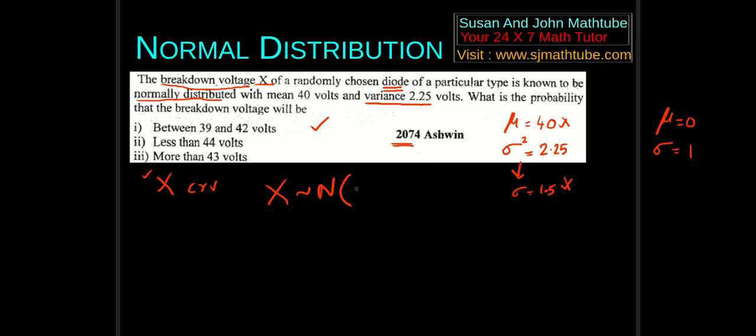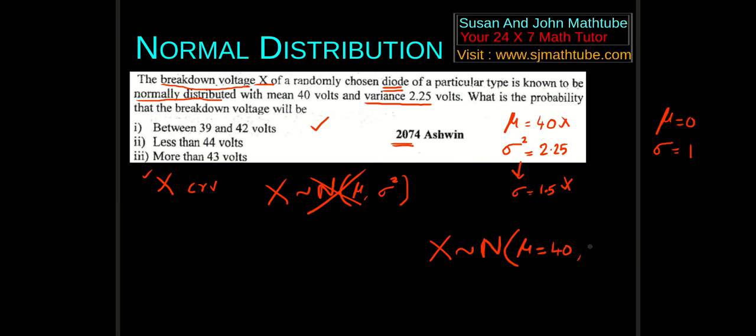Look at this. Some books follow the notation mu, sigma and some others follow the notation mu, sigma square. So if you don't want to make anyone confused, it is better to write X follows normal distribution with mu equal to 40, and if you wish to write sigma, you write sigma.